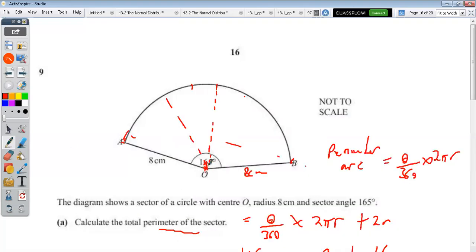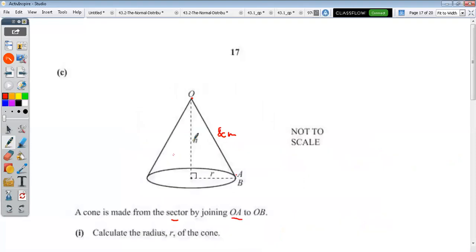So as long as it's from that to that, it will be 8. You're saying this will be 8 centimeters. But what will be this one? Maybe it's actually from what you said, OA.